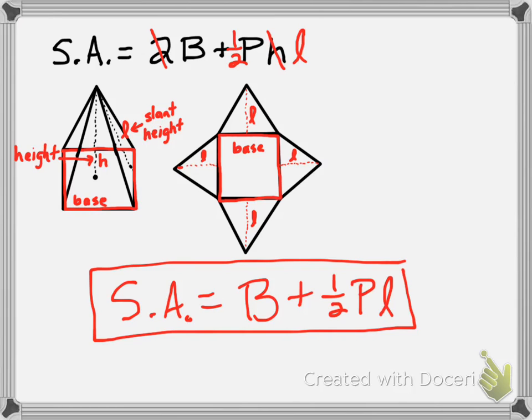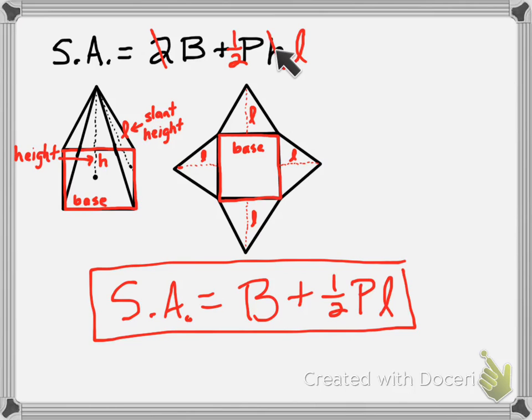Okay, now again, you can compare it to the original formula and it should make sense. A prism has two bases. A pyramid only has one. A prism has rectangles for sides. A pyramid has triangles. That's why we need the half.